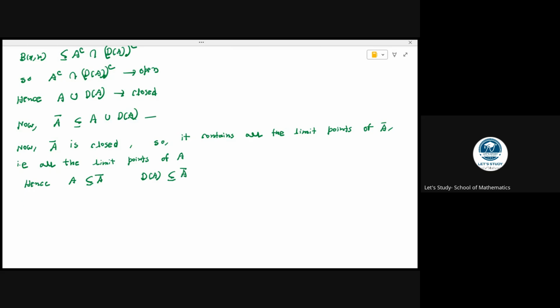Then we can combinedly write A union DA is clearly a subset of the closure.